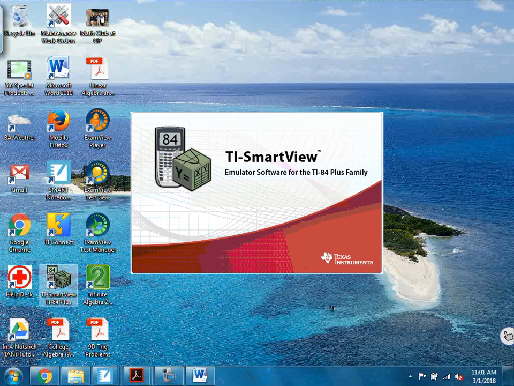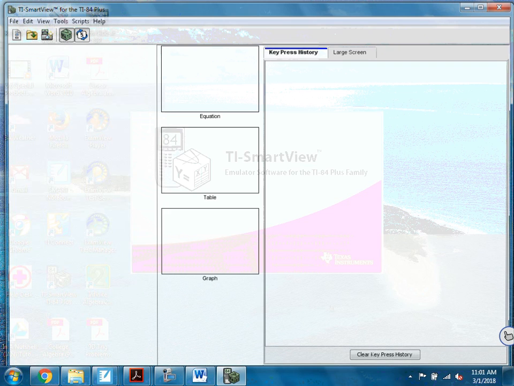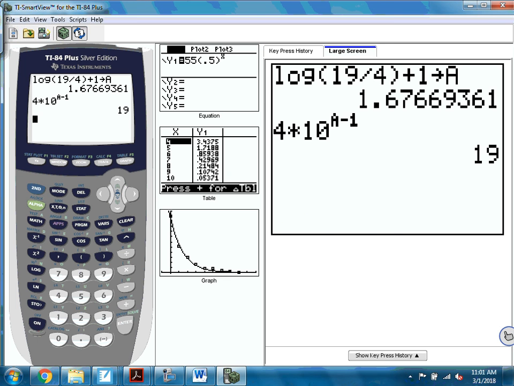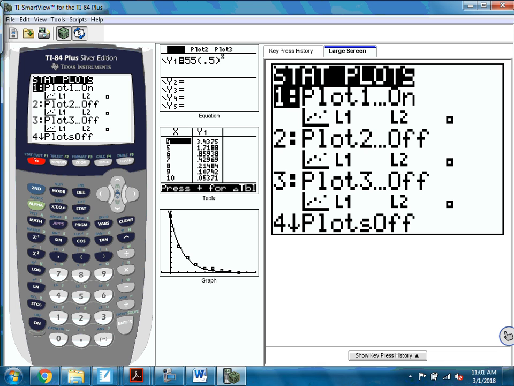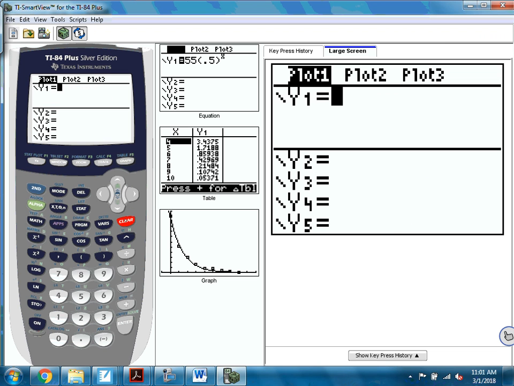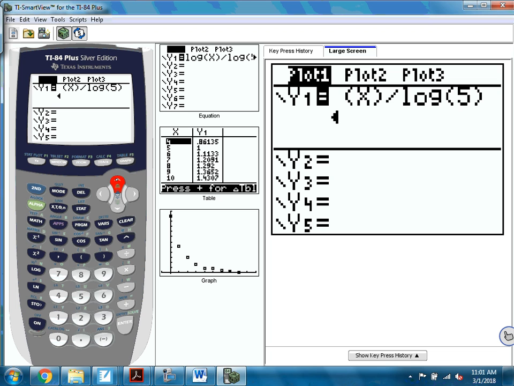So if you type in y equals log x, and that parenthesis after the x, divided by log 5, I just want to show you what I'm talking about here. Log x over log 5.